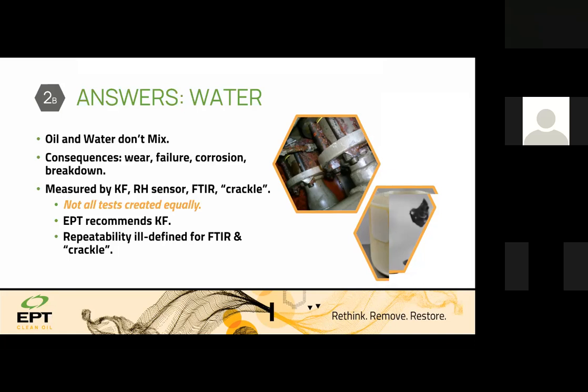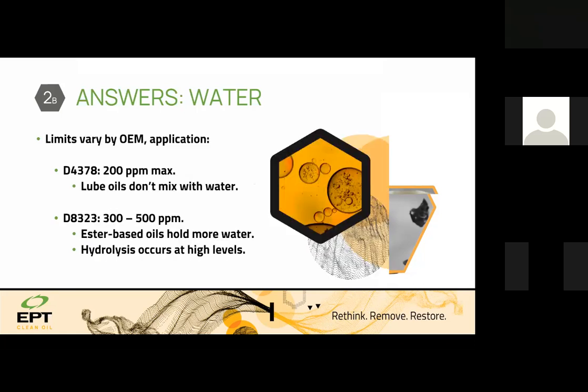For sure, Karl Fischer is the most precise test for water. What are the limits for water? ASTM D4378 recommends 200 ppm for lube oils of turbines, which are mineral-based oils.